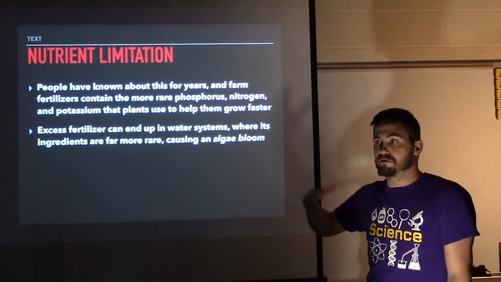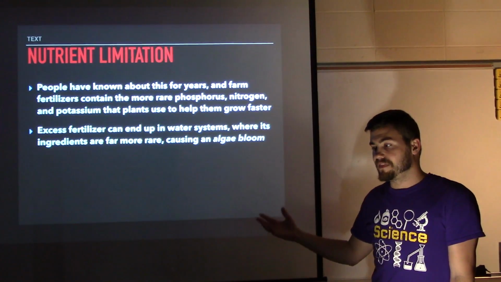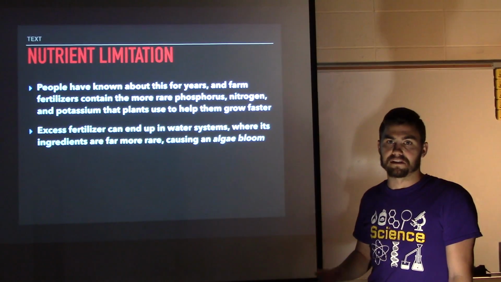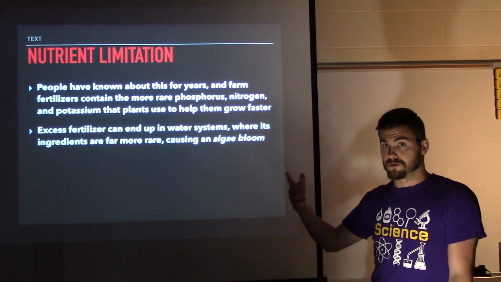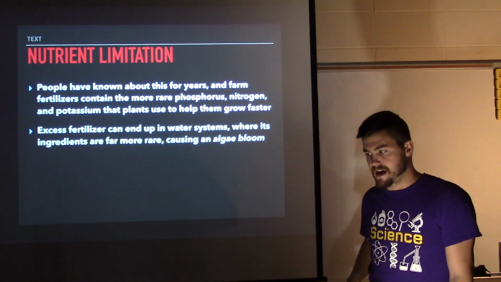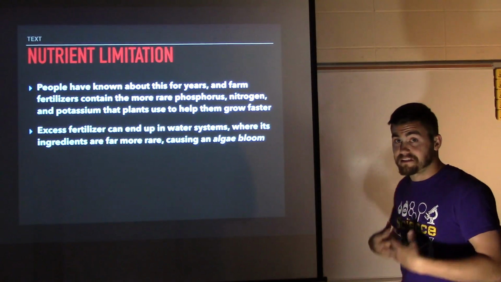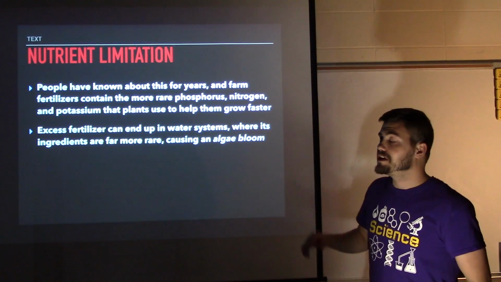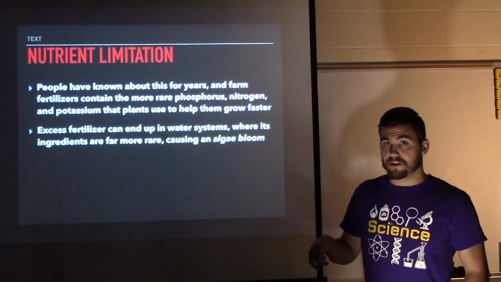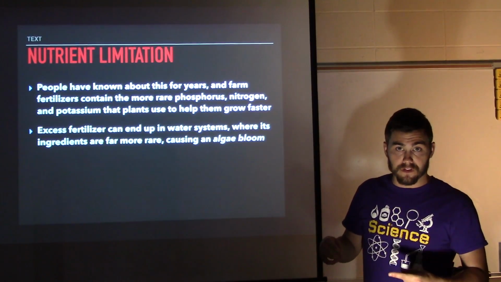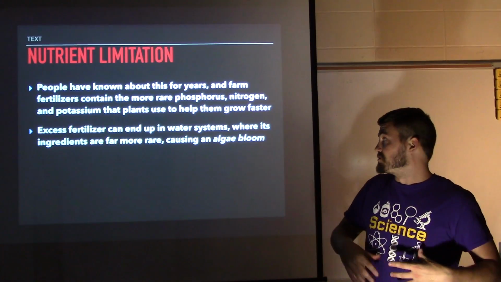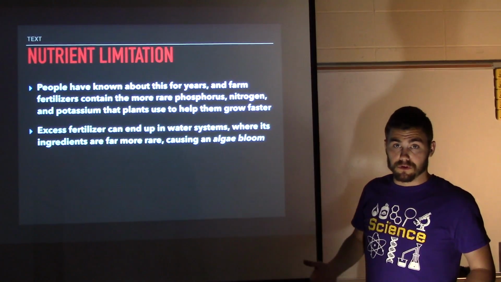Farmers need to be able to grow food to feed people. And they need a way to make a living and make money so they can raise their children, send them to college, do this, do that. It's in the best interest of us. But that nitrogen gets into the water, and now all of a sudden the water is fertilized. So plants just, boom, it's called an algae bloom.